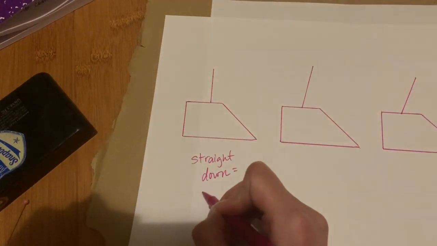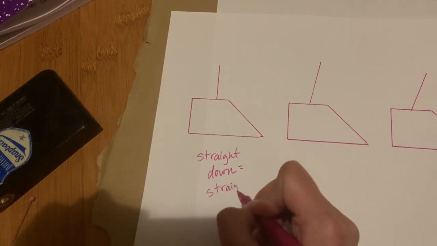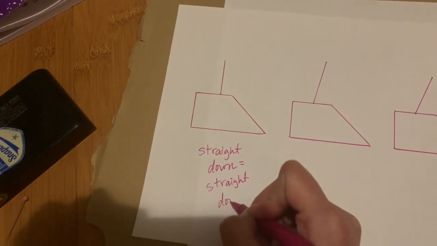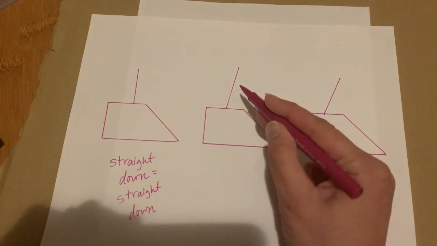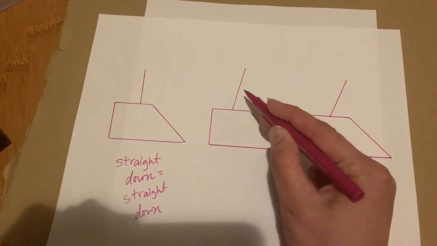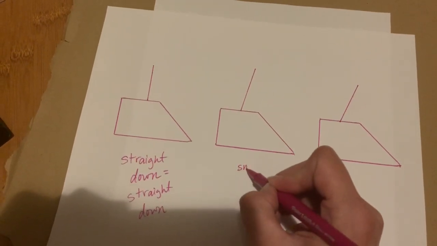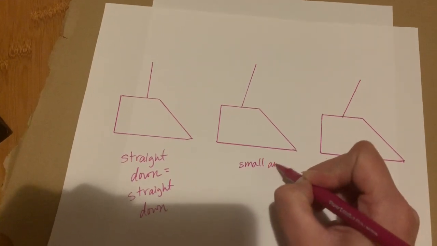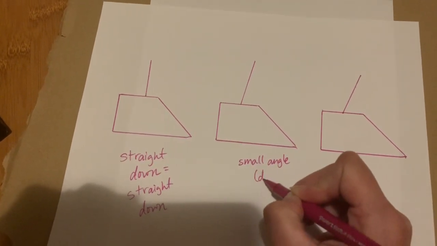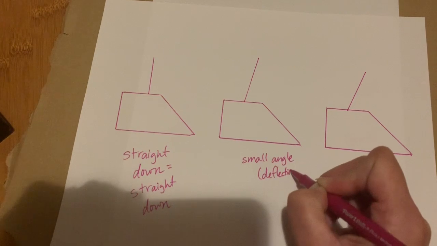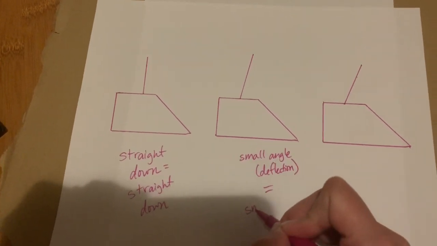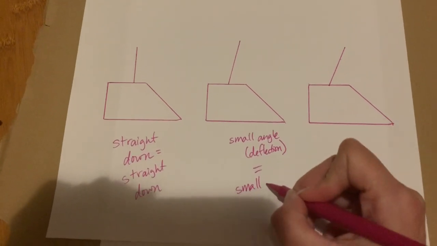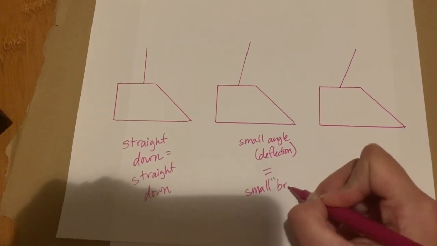Equals straight down again. Here, there's just a small deflection from that straight down. So small angle or deflection equals small bend.